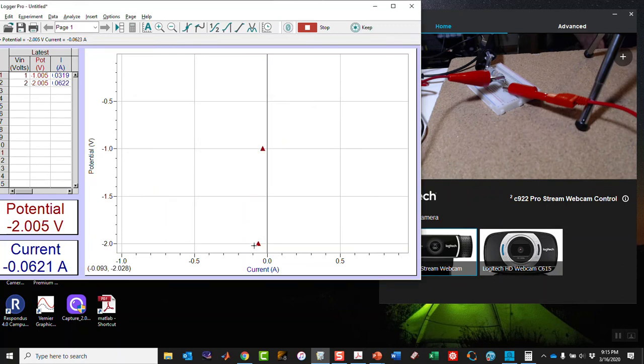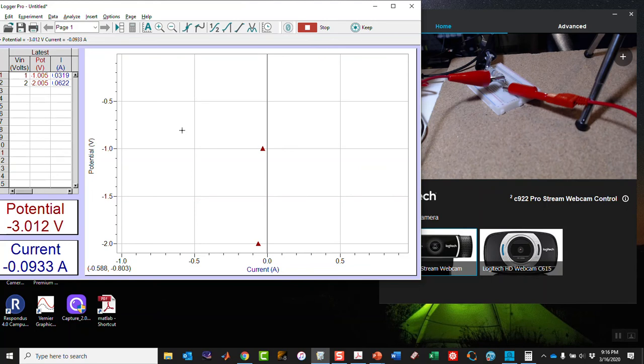Look where the lines are. So now we got one more data point actually to go. So I will set it up to 3 volts. Adjust it down a little tiny bit.